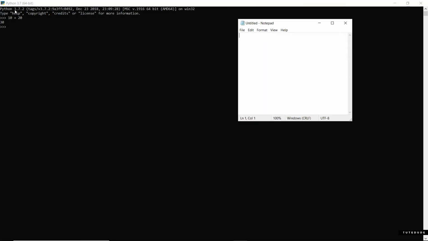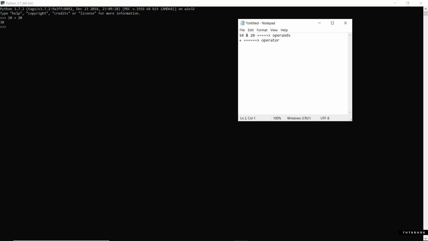So this operation is split into two. Those are the numbers which are 10 and 20. These numbers are known as operands, and the symbol, which is the plus, is known as the operator.